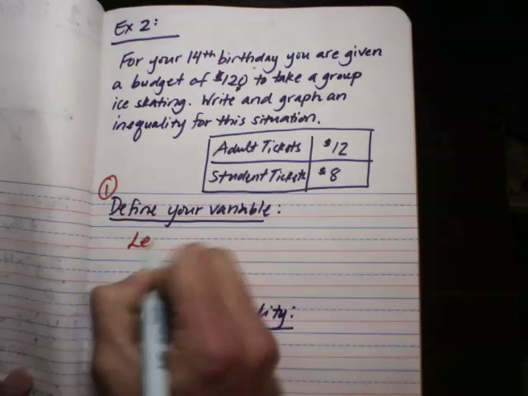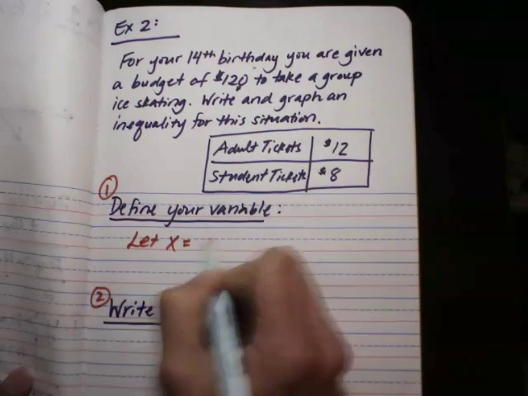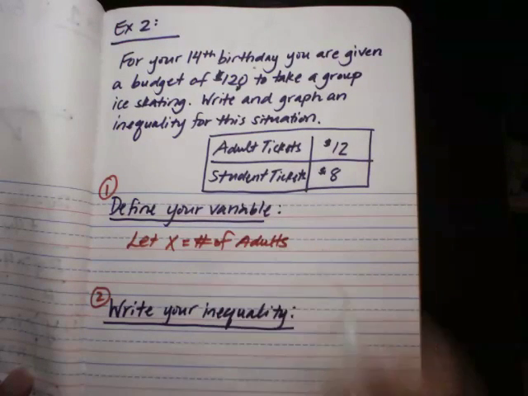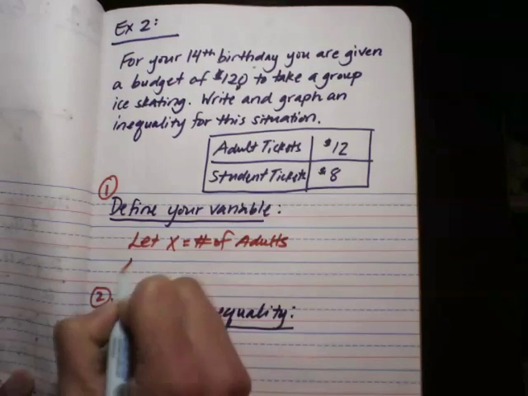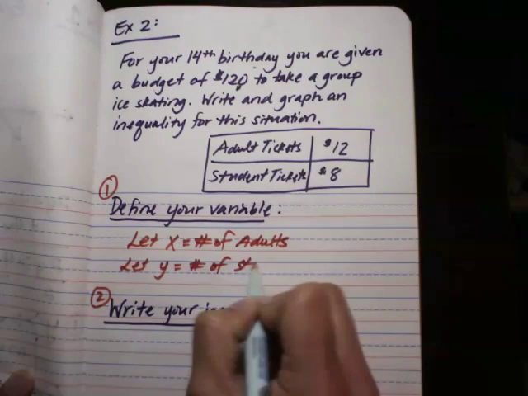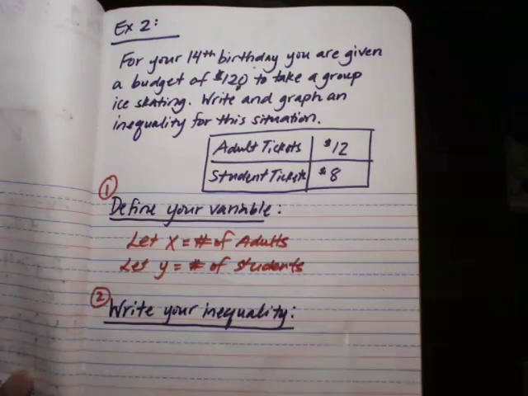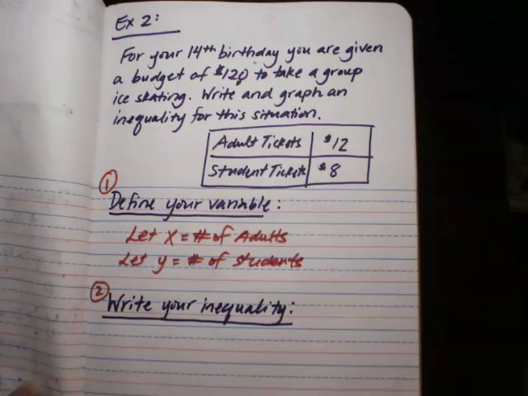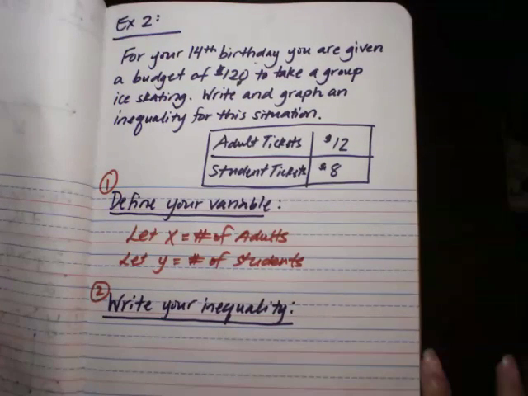So I'm going to let x equal the number of adults, and we'll let y equal the number of students. Remember, sometimes even if you're a student, you don't have your student ID, you have to pay adult price tickets. So we'll see how many of each you can bring to your party.